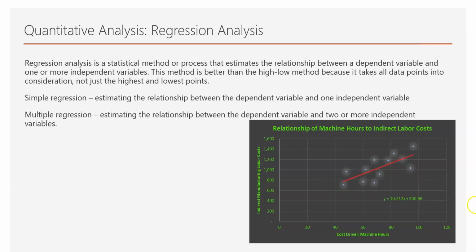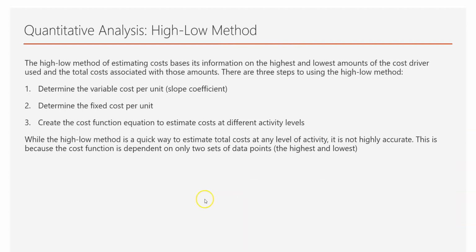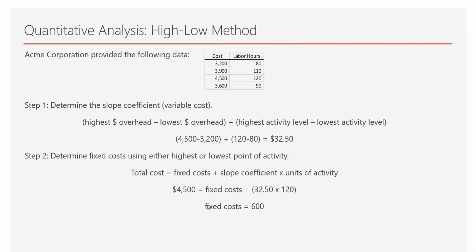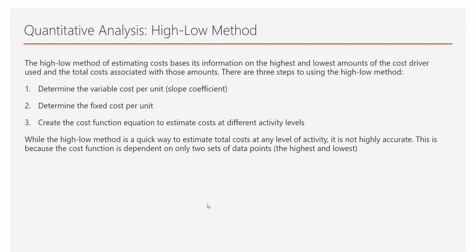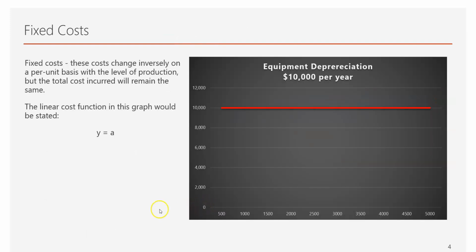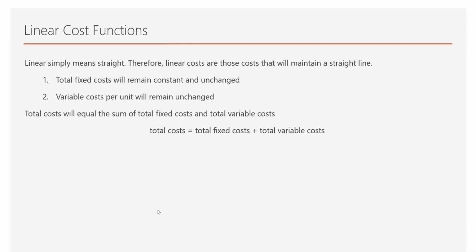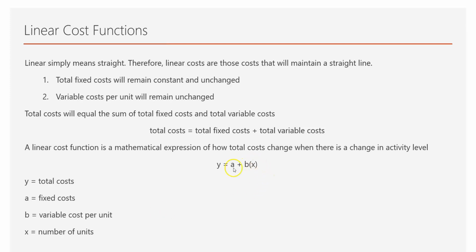Excel is putting the variable portion first and then adding the fixed, whereas in the other one, let me go back over here, Excel is putting this in front of the A instead of the cost function here, which we use for the high-low method and for generally stating the cost function.